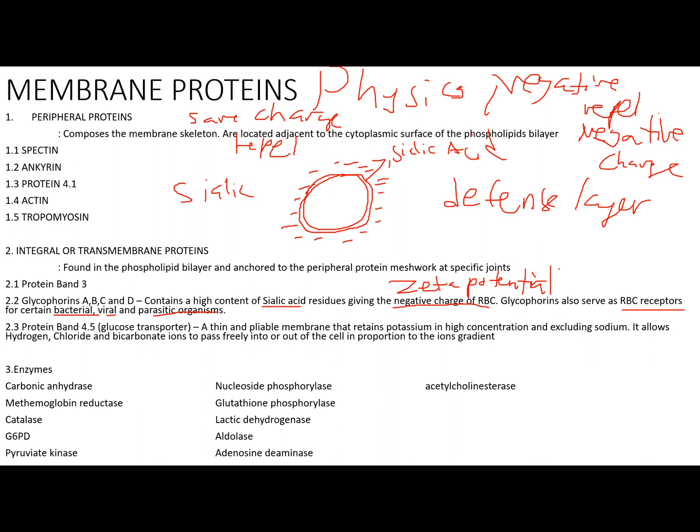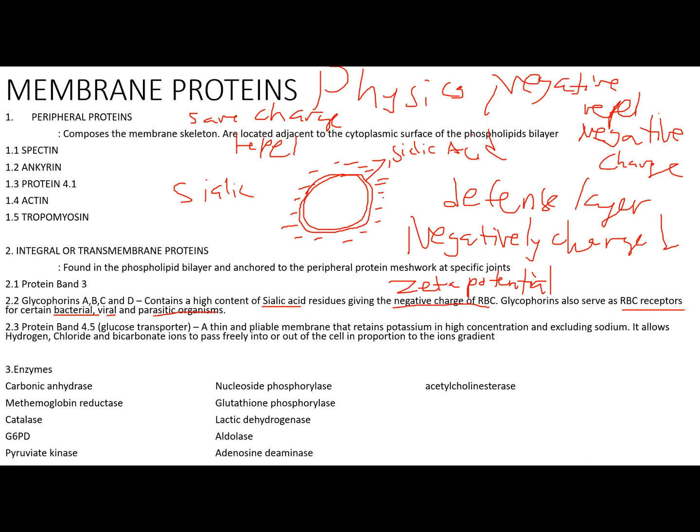Kasi in this zeta potential, or negative charge of RBC, it could repel other negatively charged substances. So ulitin ko, class, sialic acid which is found on the surface of your RBC due to glycophorins would cause a negative charge of your RBC.